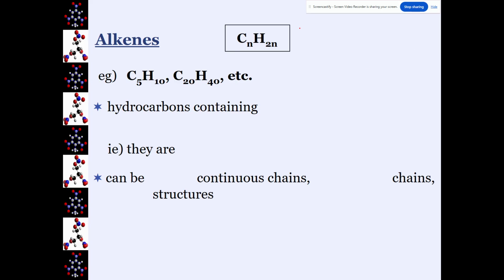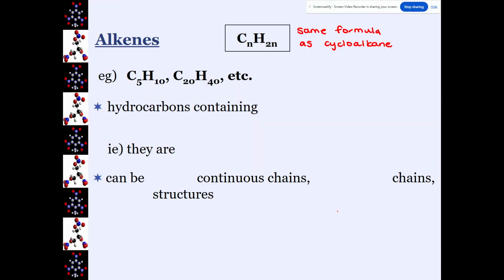Now this is the same formula as a cycloalkane. So what that means is if you have a cycloalkane, it can be an isomer to an alkene when they have the same carbons because they will also have the same number of hydrogens.